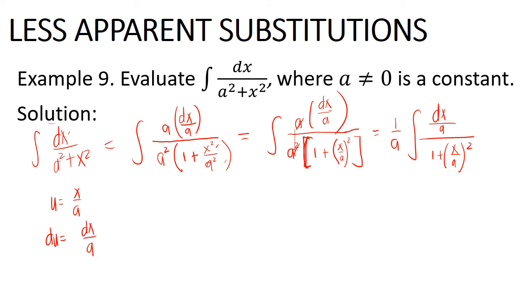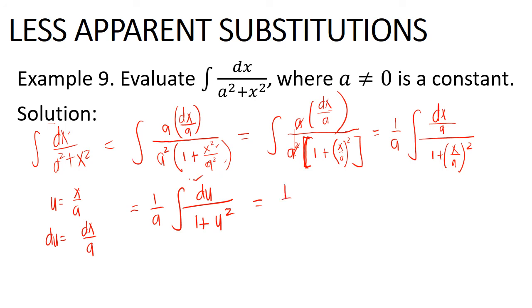See, pwede na tayong mag-substitute doon. And pag nag-substitute tayo, yung dx all over a, that is equal to du, divided by 1 plus, ano po yung x over a? U. So, 1 plus u squared. Familiar ba itong formula na to or itong integral na to? Yes. Actually, yan yung formula. Di ba?